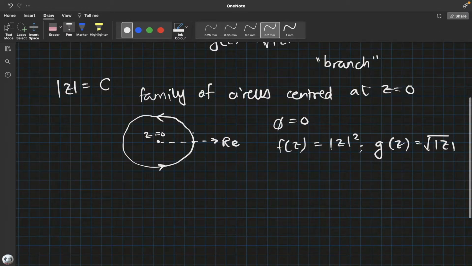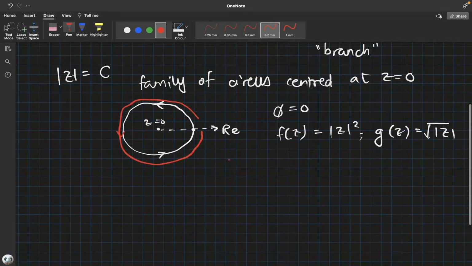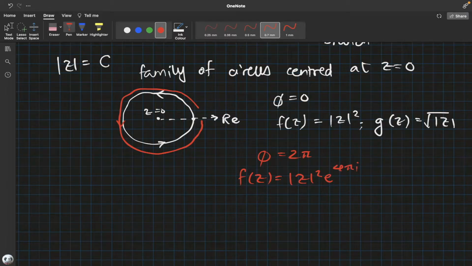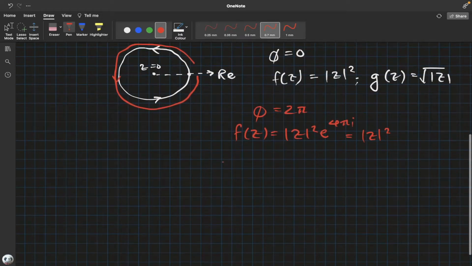Okay, and then we take an entire rotation. So we do an entire rotation. We come back to where we started, but it's not exactly where we started. The phase has changed by 2 pi to denote one complete rotation. So f of z is magnitude z squared e to the 4 pi i. e to the 4 pi i is 1 again. So there's magnitude of z squared.